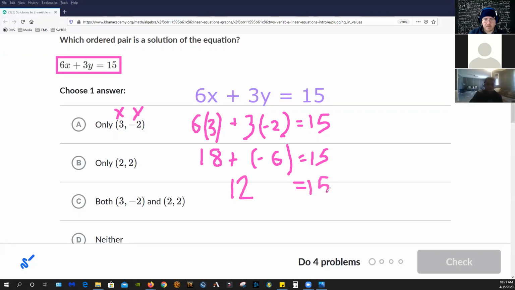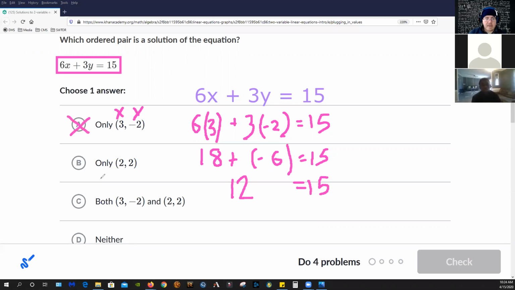Is 12 equal to 15? Yes, I'm glad we're all chiming in: false and no. Okay, so that means that A does not work.